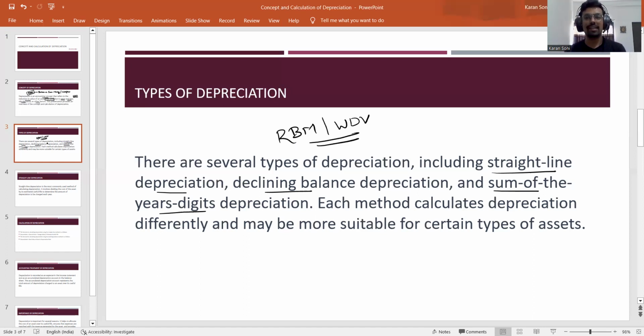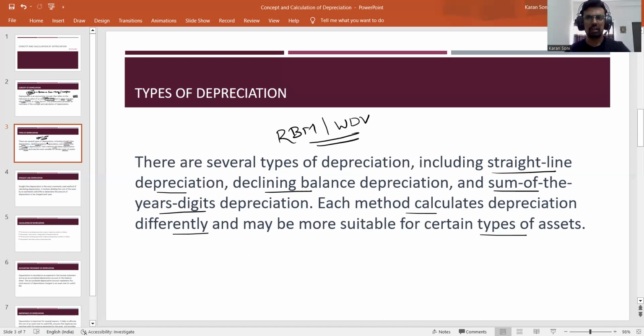So we will see, as I already told you, each method calculates depreciation differently and may be suitable for certain types of assets. I'll tell you an example. Like a crane, and the wheels of the crane have a different type of tires, very huge tires.